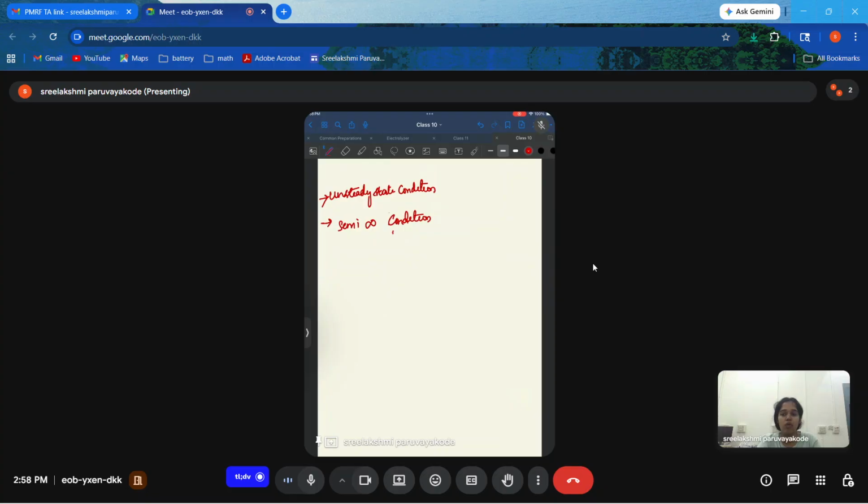So this is a summary of what we had looked at in the last class. I'll wait for a couple of minutes to see if someone is joining the class and then progress with the unsteady state condition and semi-infinite condition. So we'll be starting sharply after that.